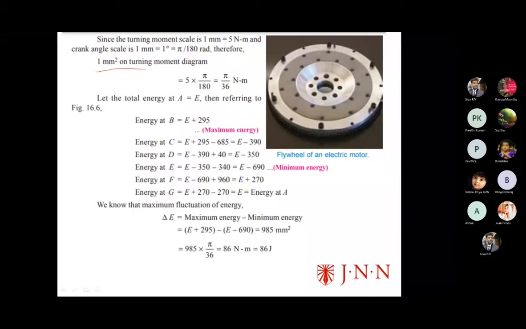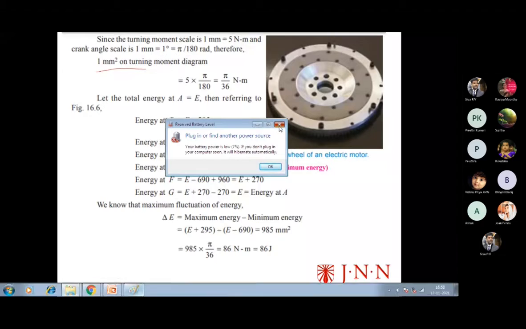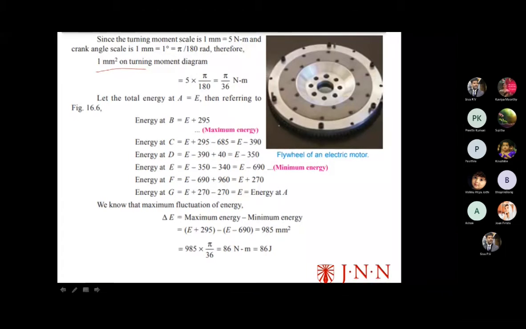On the turning moment and crank angle we have to multiply it. So it is pi by 36 Newton meter.